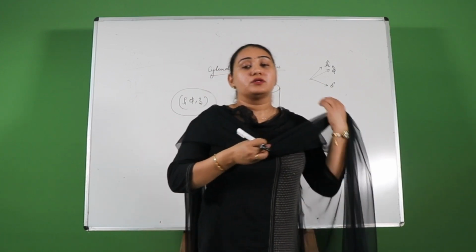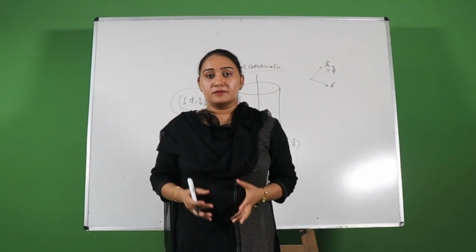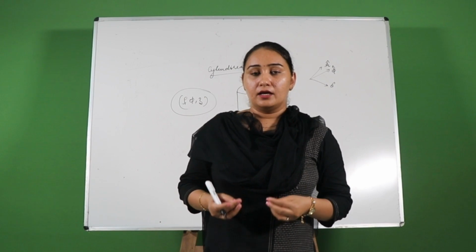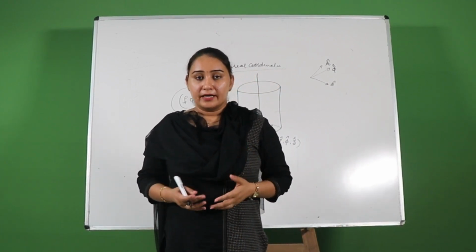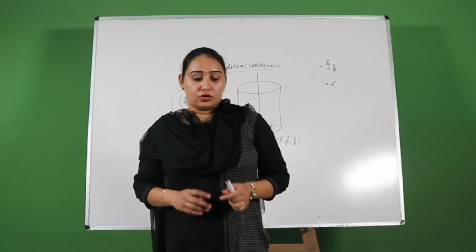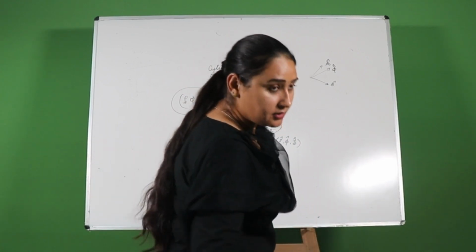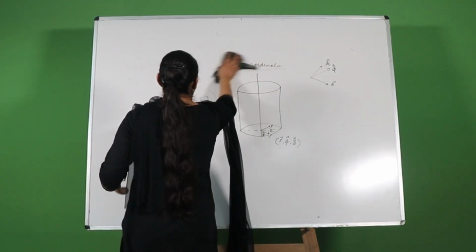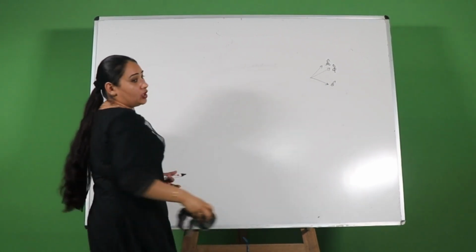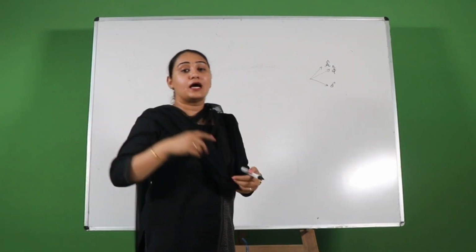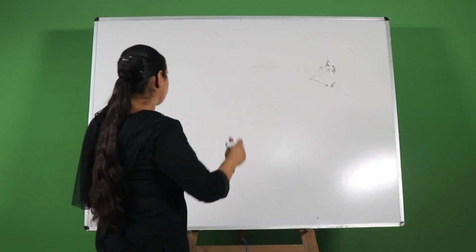So this is about the coordinate systems, three types: Cartesian, spherical and cylindrical, and we will be dealing with these turn by turn in detail. So our first topic is, we have to find the displacement, velocity and acceleration of a particle in Cartesian coordinates first.